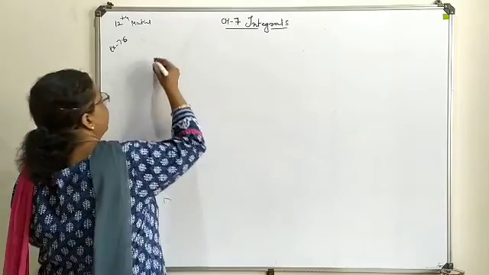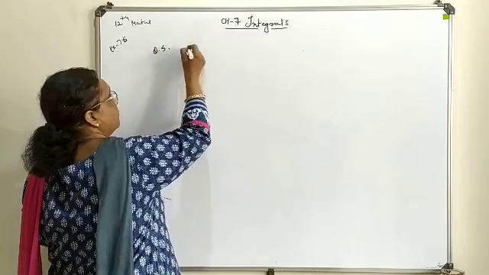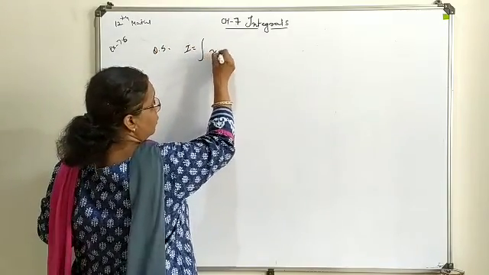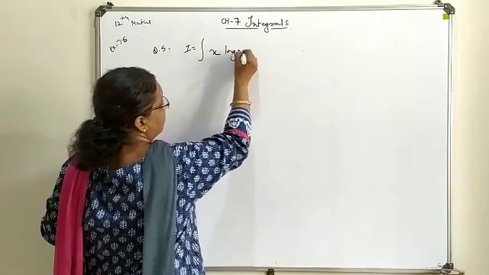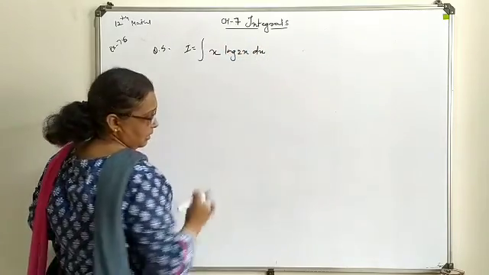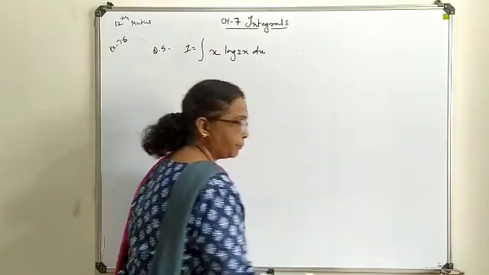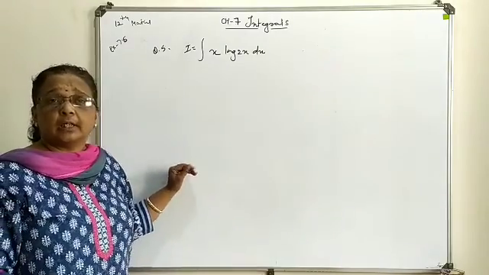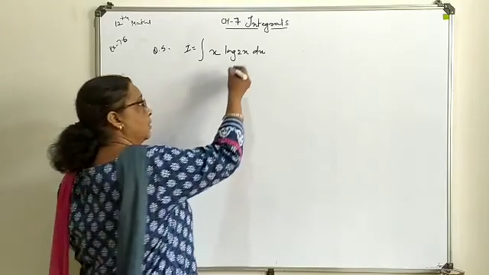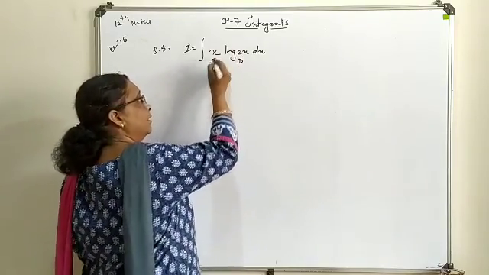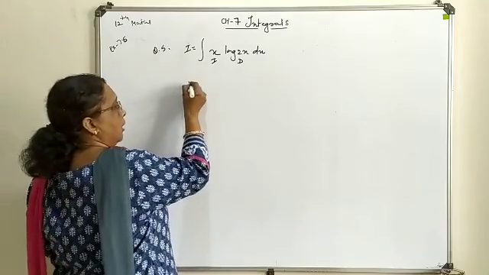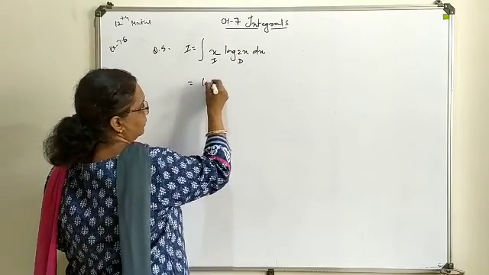Now in the fifth one, your integration is to be written for x log 2x. As a log term is available, compulsorily you will go for differentiation of this term. So this will proceed about the differentiation. Obviously the remaining will proceed about integration. So proceed about the application of the method.